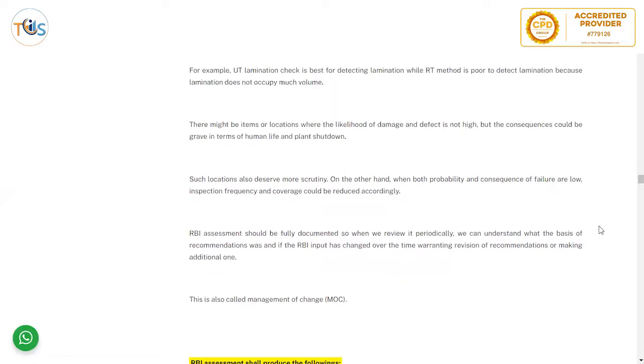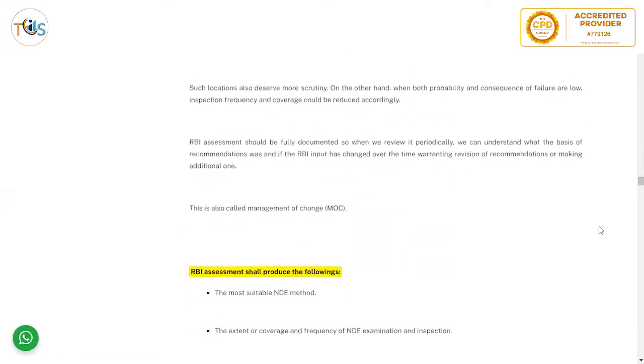radioactive waves work. There might be items or locations where the likelihood of damage and defect is not high, but the consequences could be grave in terms of human life and plant shutdown. Such locations also deserve more scrutiny. On the other hand, when both probability and consequence of failure are low, inspection frequency and coverage could be reduced accordingly.